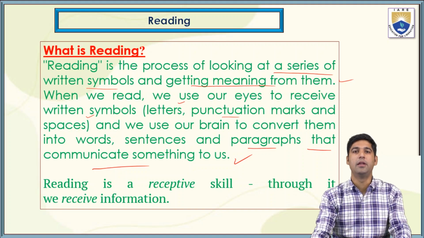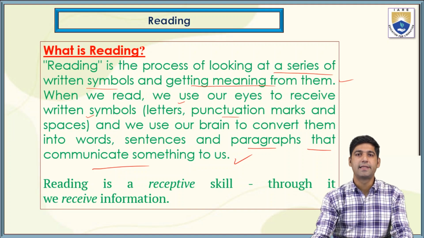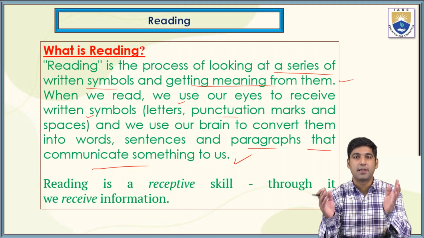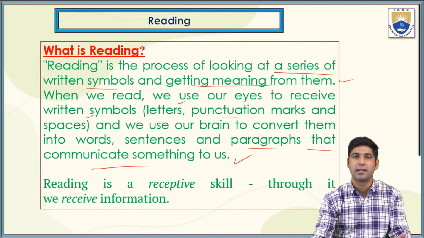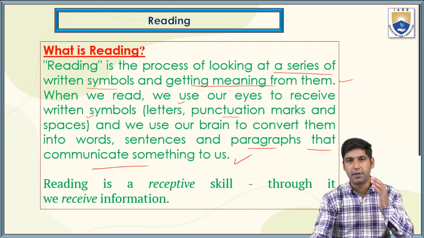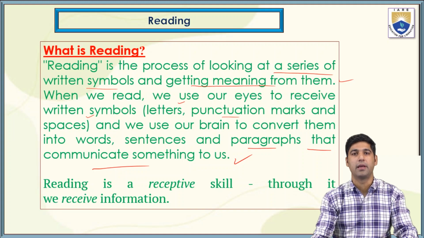For reading, the first essential thing required is our eyes. It may be letters, punctuation, a diagram, or a picture. Then this information travels to the brain and there it gets converted into meaning.